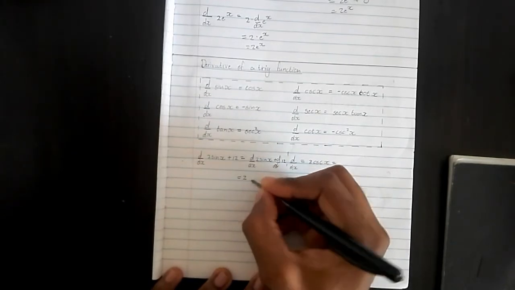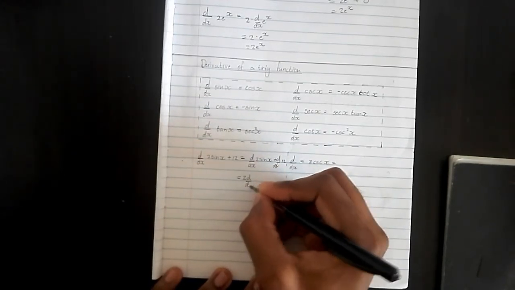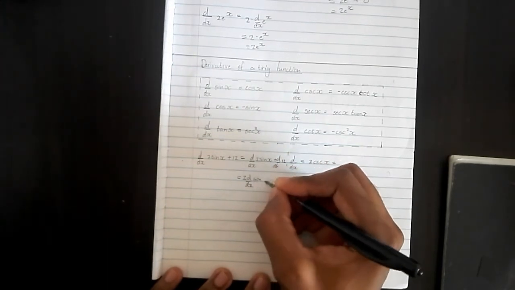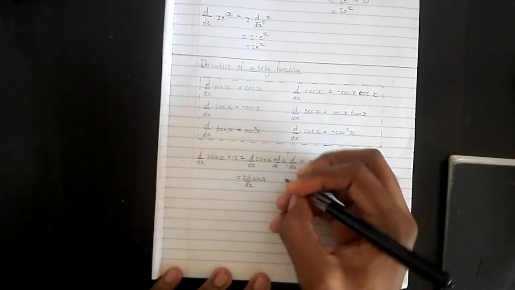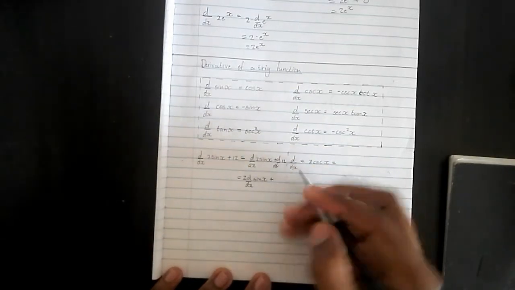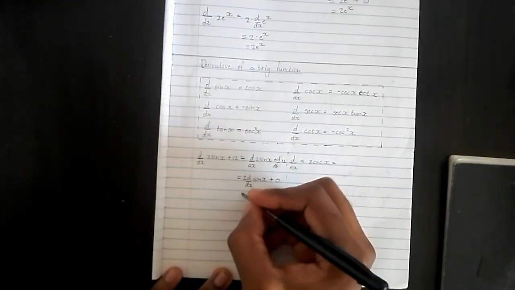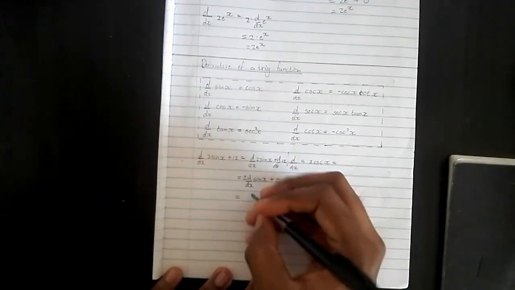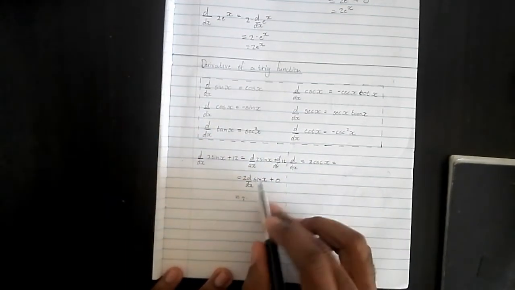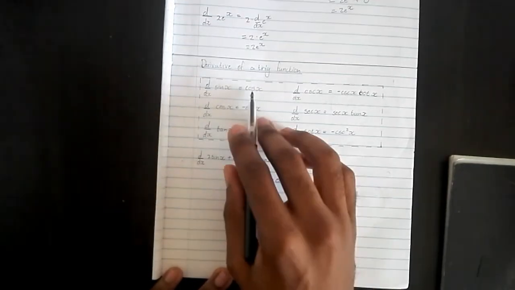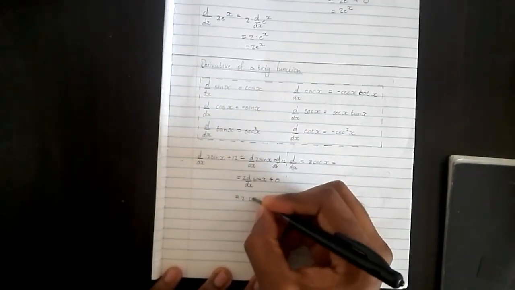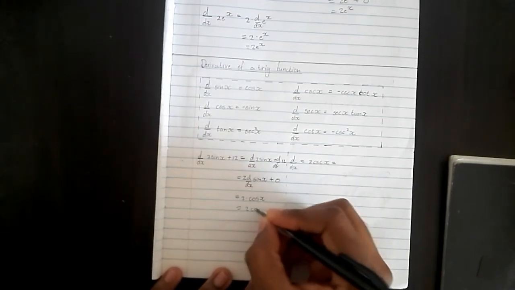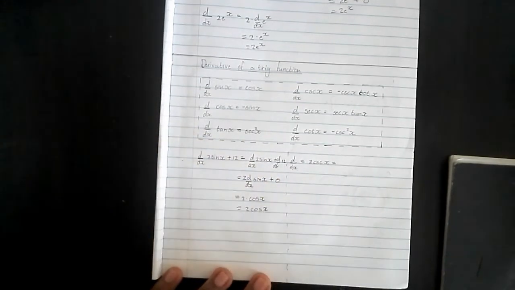You can factor out the constant, so we have 2 times d/dx of sin x plus d/dx of 12. We know that's 0 because 12 is a constant. And then we need to find the derivative of sin x, which is just cos x. So our final answer is 2 cos x.